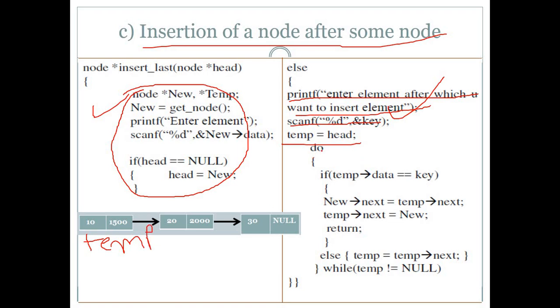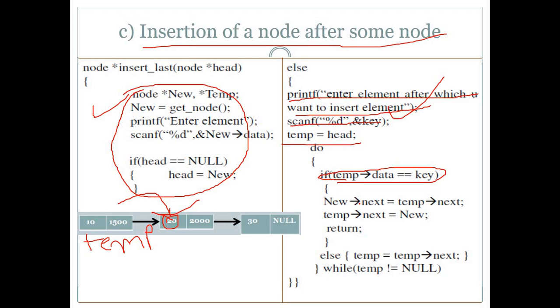and we will run a do while loop until our key is matched with temp's data. If we want to add data after 20, then we will move further to here, and if we find key is equal to 20, then temp is equal to temp next.